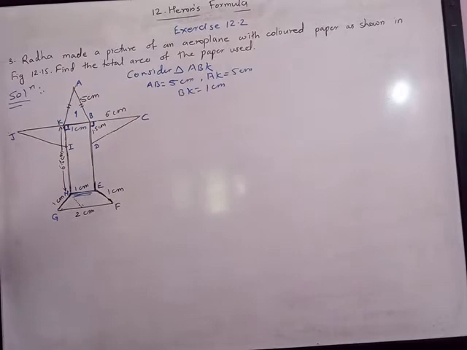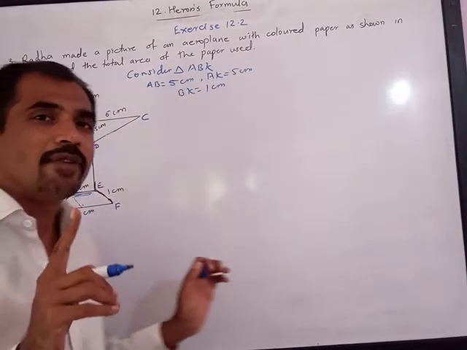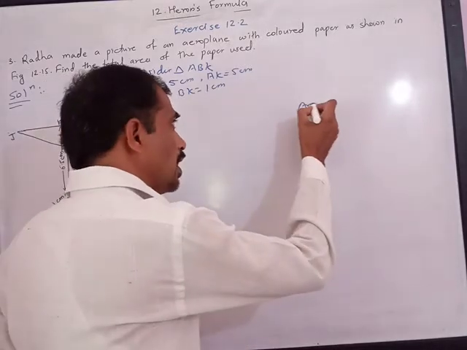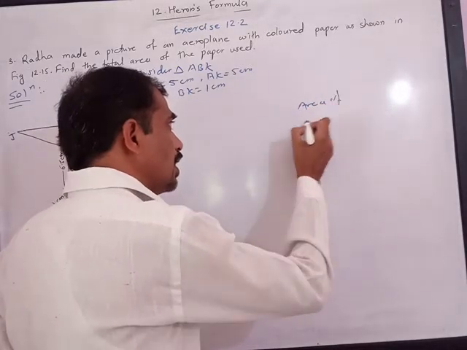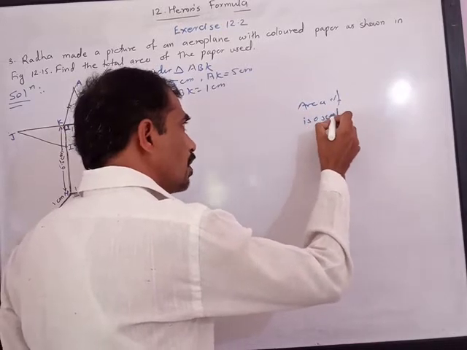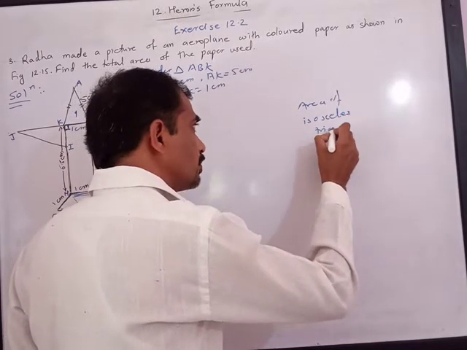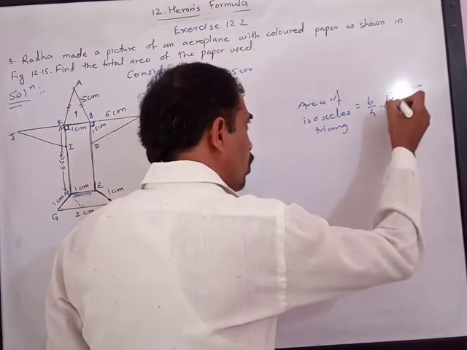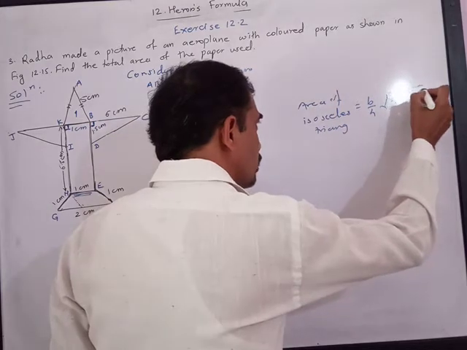Now to find the area of the triangle, we have already discussed one formula. Area of isosceles triangle is equal to b upon 4 under root 4a square minus b square.